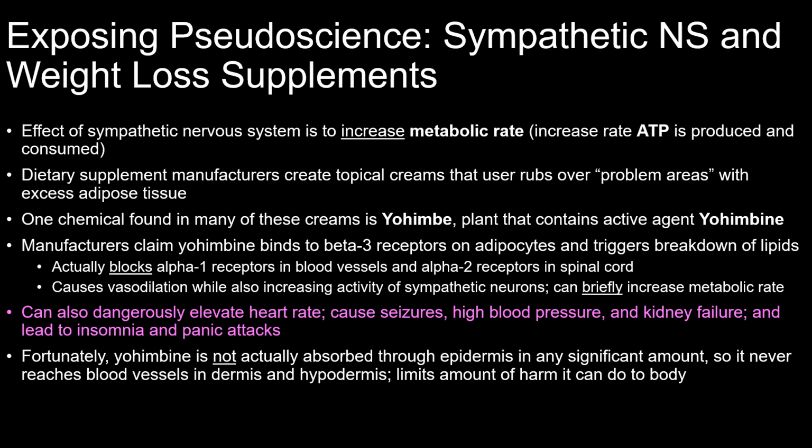However, it dangerously elevates the heart rate and can cause seizures, high blood pressure, kidney failure, and ultimately lead to insomnia and panic attacks. Fortunately, yohimbine is not actually absorbed through the epidermis in any significant amount, so it never really reaches the blood vessels in the dermis or hypodermis, and this limits the amount of harm it can do to your body. However, it can still harm your wallet.